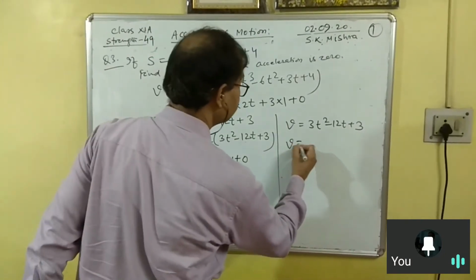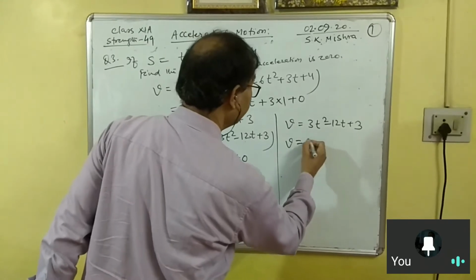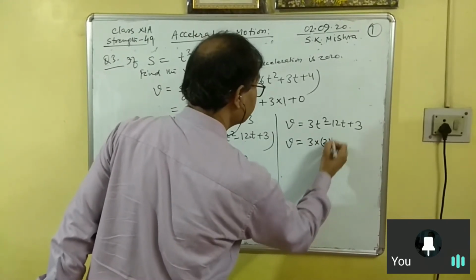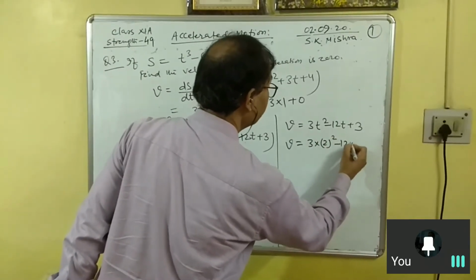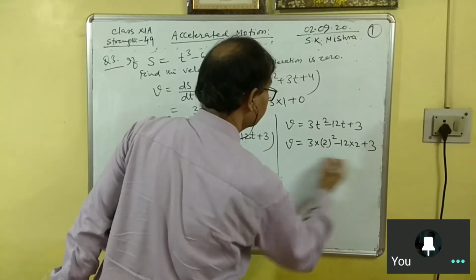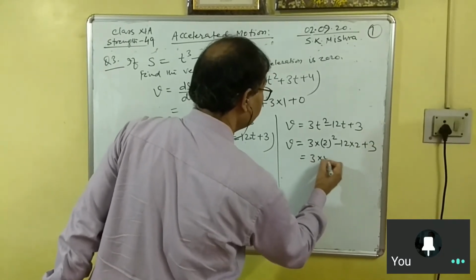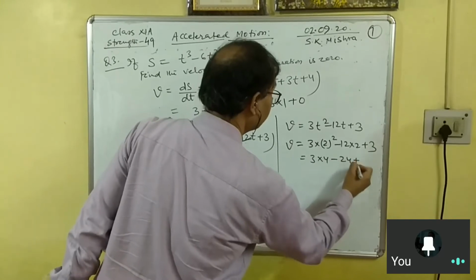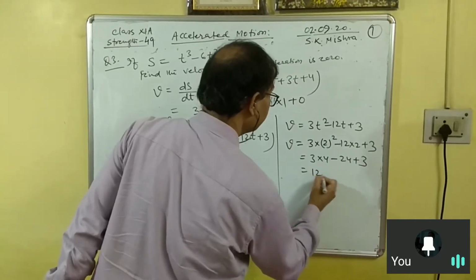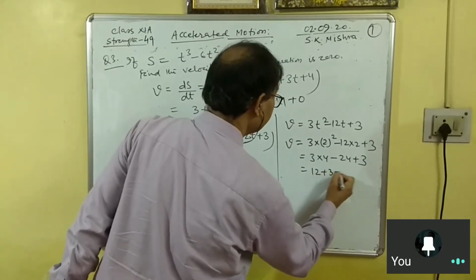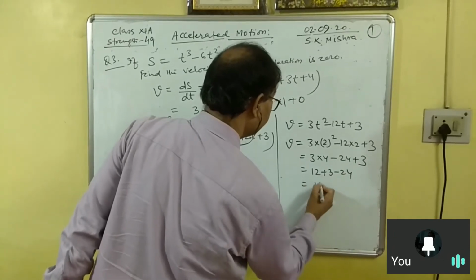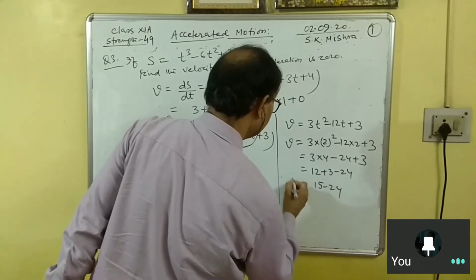So v at the end of 2 seconds is 3 into, put t is equal to 2 seconds, minus 12 into 2 plus 3. So it's how much? 3 into 4 minus 24 plus 3. So this is 12 plus 3 minus 24. So 15 minus 24.